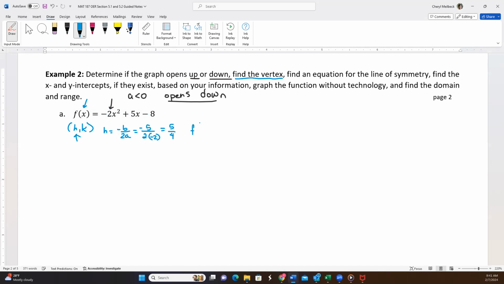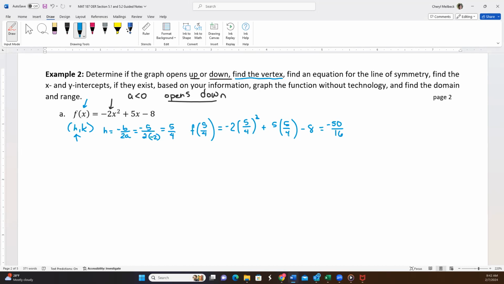So we'll have f of 5/4 will equal -2 times 5/4 squared plus 5 times 5/4 minus 8. Cleaning this up, 5/4 squared is going to give us 25 over 16. Multiplying that by -2, we'd have -50 over 16.